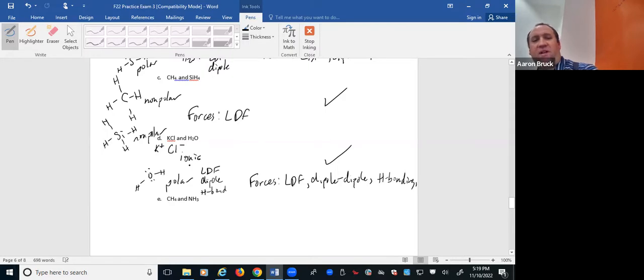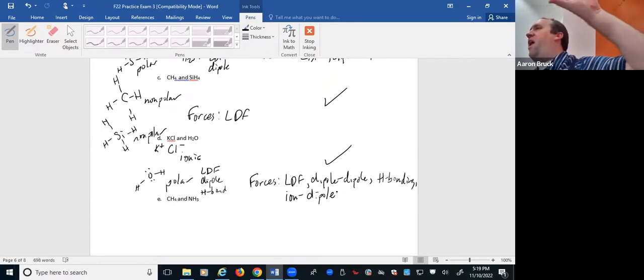And because we have an ion and a polar substance, there's one more force that gets brought in here. Don't talk about it a whole lot, but the ion dipole force is there as well. And so in this scenario, you're going to have everything.